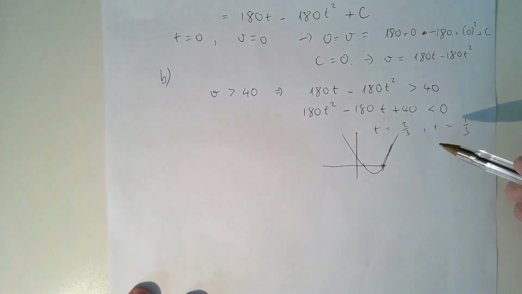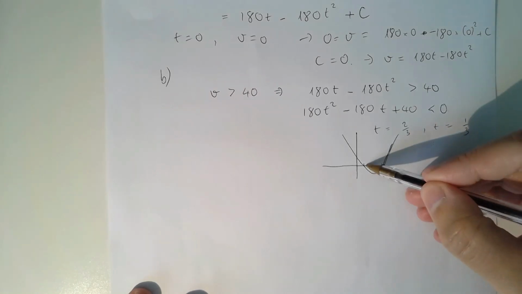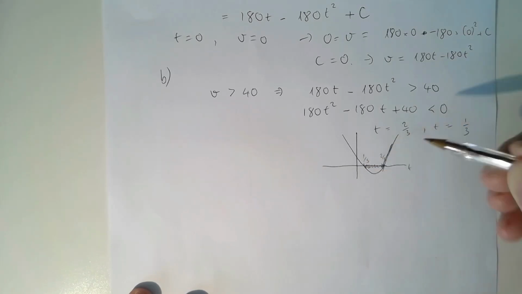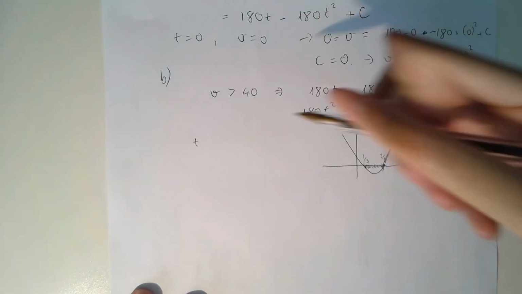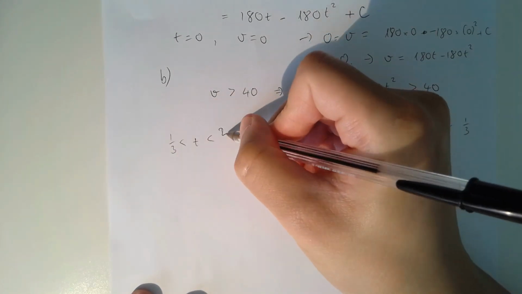Now you see what part of the curve is below 0, because we're looking for less than 0 here, which is here. That is t between 1 over 3 and 2 over 3. Therefore, the car is breaking the speed limit when t is between 1 over 3 and 2 over 3.